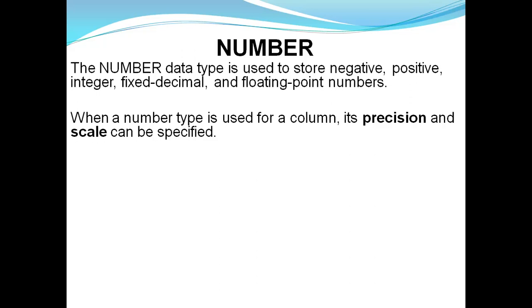So when a number type is used, a column has to be given 2 sizes instead of 1. We have seen that for char we have given 15 as 1 size. For varchar2 we have given 1 size as 15. But when we use number, it accepts two sizes, and that's not called size, that's called precision and scale.